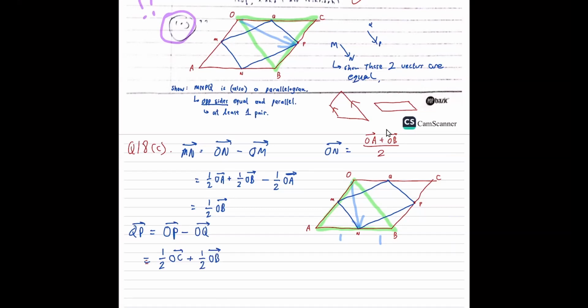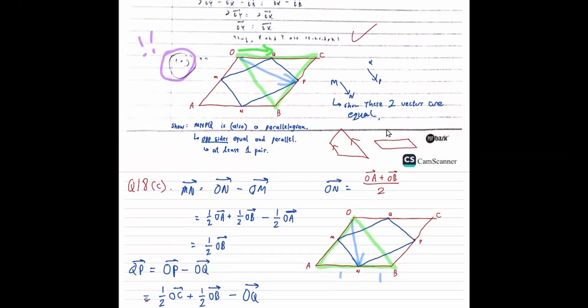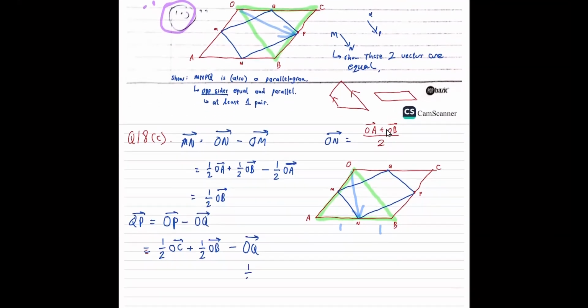Yes, ratio theorem. Then minus away vector OQ. But what is vector OQ? Half of OC. Yes, correct. Half of OC, because OQ and OC are in the same direction. OC is longer and OQ is half the length, but same direction. So we can replace with half of OC. But don't forget the minus sign in front. Then you just copy and paste the rest.